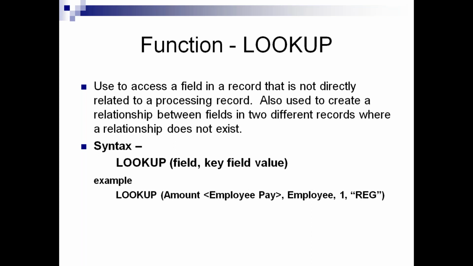And you'll actually be prompted when you're building the report: if you try to pull a field into the design where there is no relationship, the system will say to you, you need to use a lookup function to get there. So you are looking for a value here, and this is the path to get there. And again, this path needs to come from the driving record of the report.